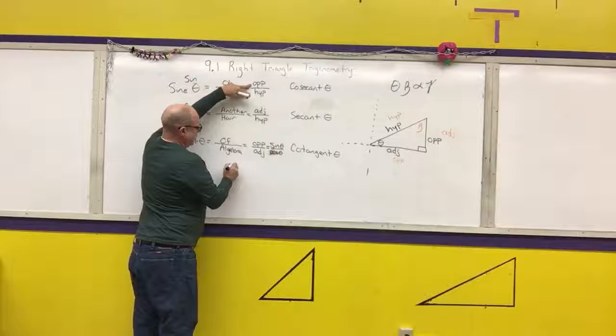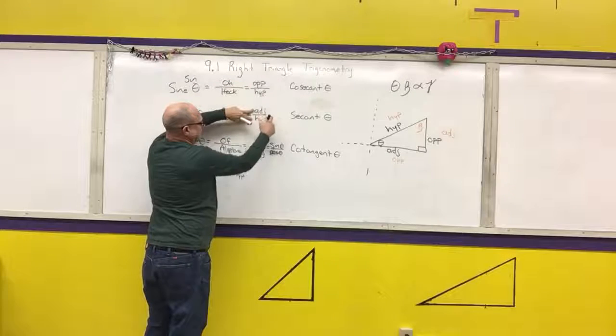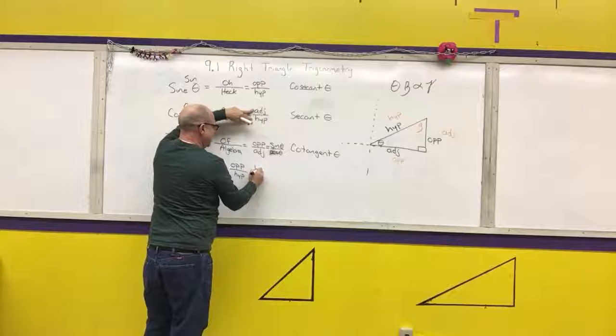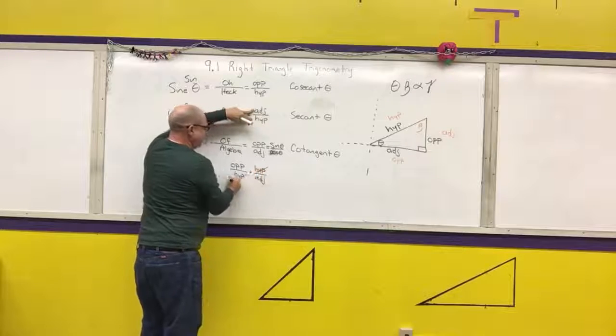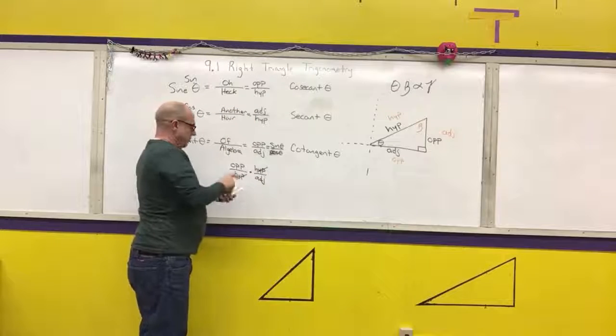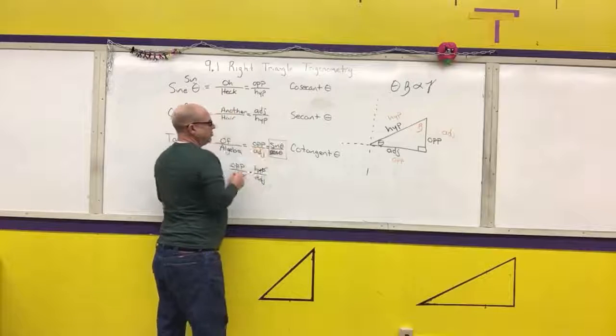Because let's look at that. Opposite over hypotenuse divided by adjacent over hypotenuse. I'm going to flip it over and multiply. The hypotenuses cancel and I get opposite over adjacent. So we have a trig identity here. That's called a quotient identity.